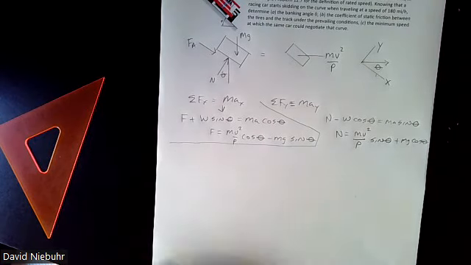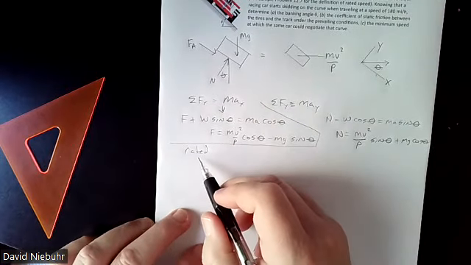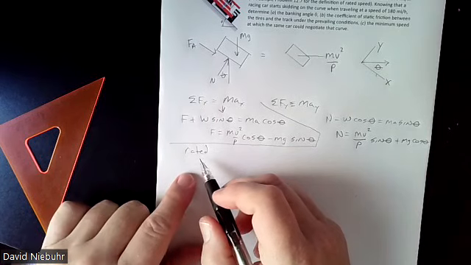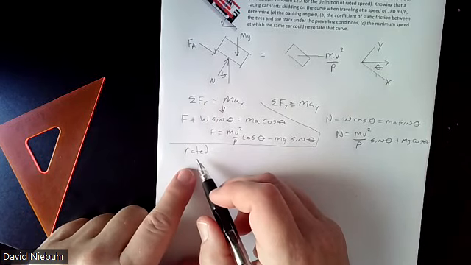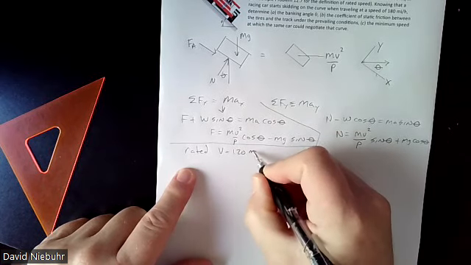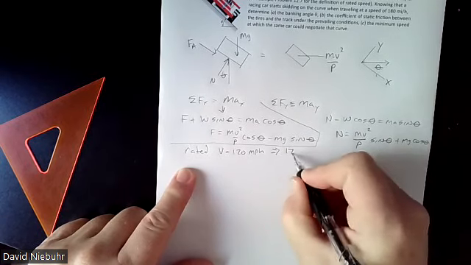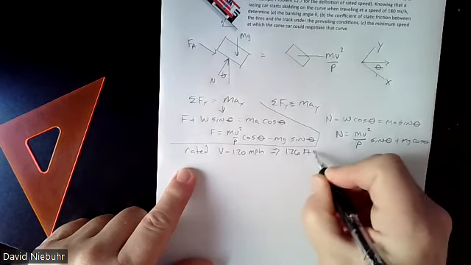Now, rated speed, that's the speed at which you need no friction, right? So rated speed is V equals 120 mph, which we can convert to 176 feet per second.